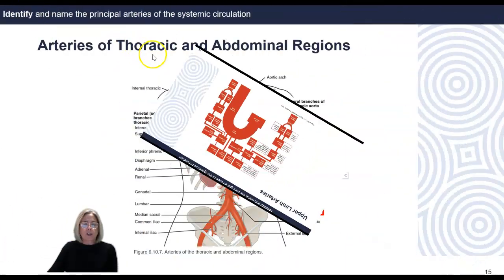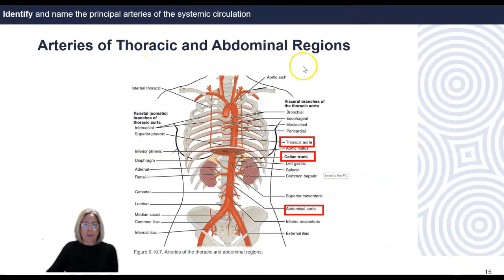Moving on now to the arteries of the thoracic and abdominal regions. Here you can see the part of the aorta, that's the thoracic aorta, and there are branches then of the thoracic aorta that supply the thoracic wall, and also branches then that supply the thoracic organs.